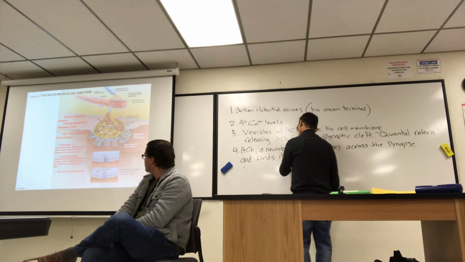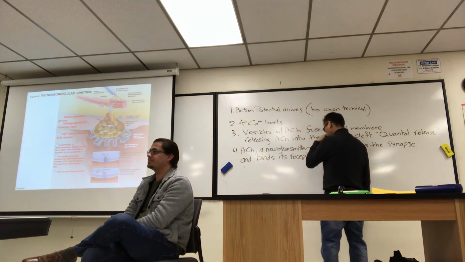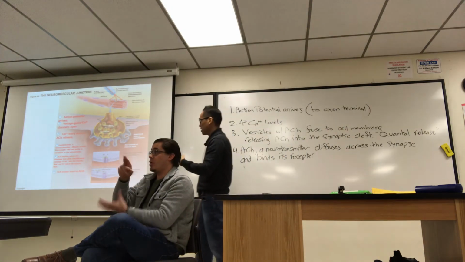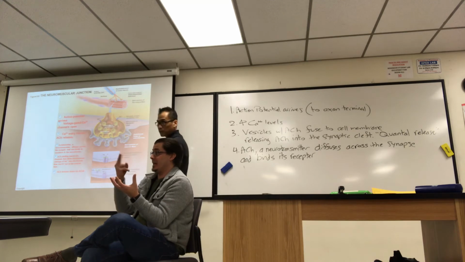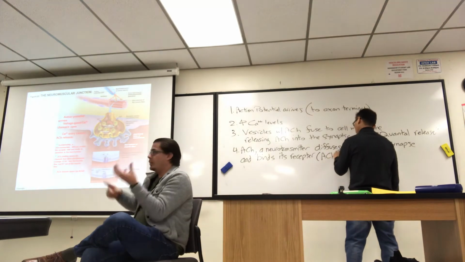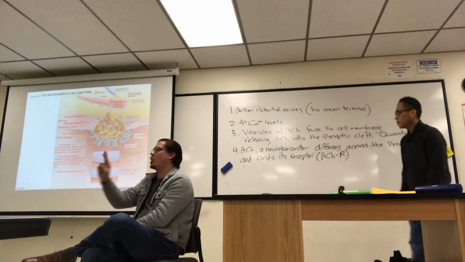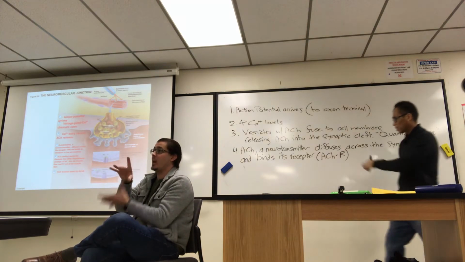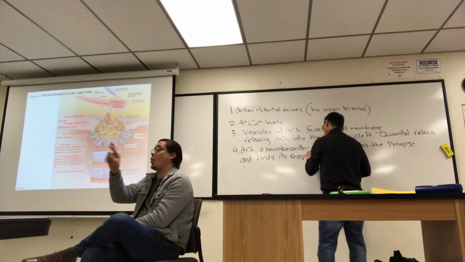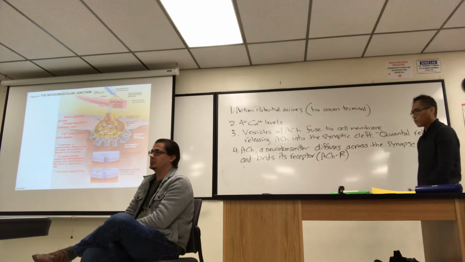Simply enough, the name of the receptor for ACH, we'll just call it the ACH receptor. We're going to call it ACHR for short. So ACH binds its receptor, ACHR, in the sarcolemma.